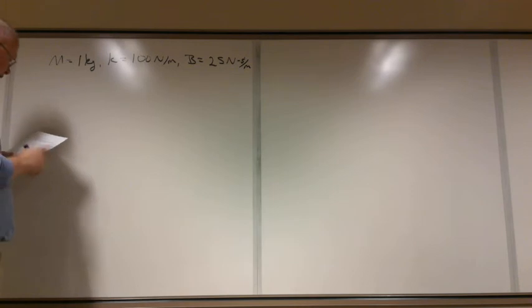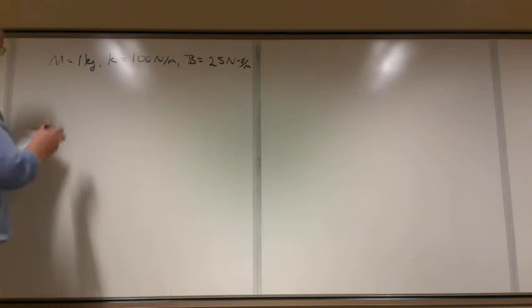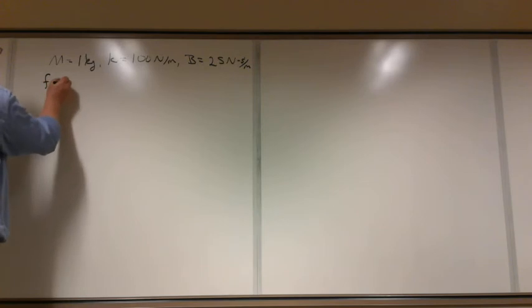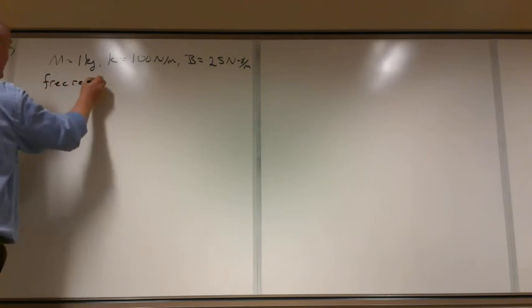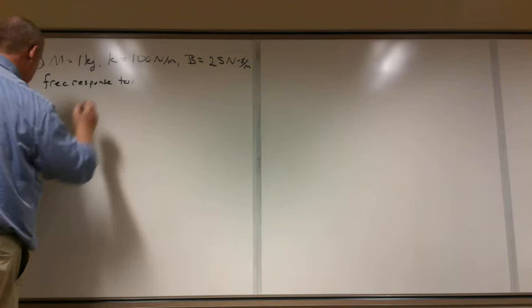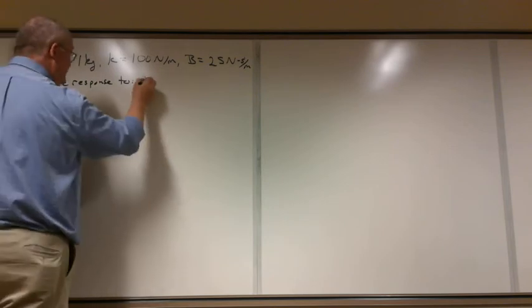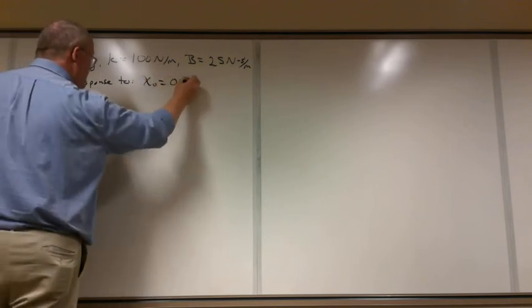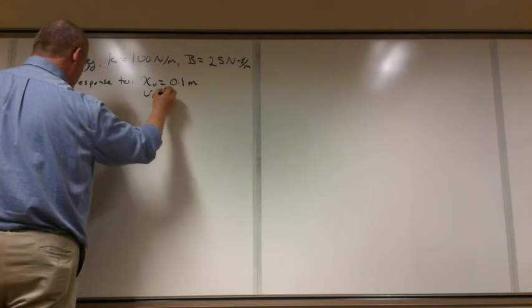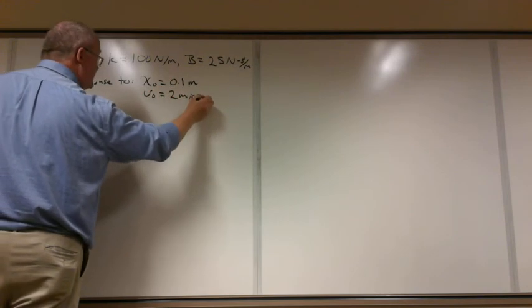Use Laplace transforms, that's the key part, to obtain the free response to x naught is equal to 0.1 meters, and v naught is equal to 2 meters per second.